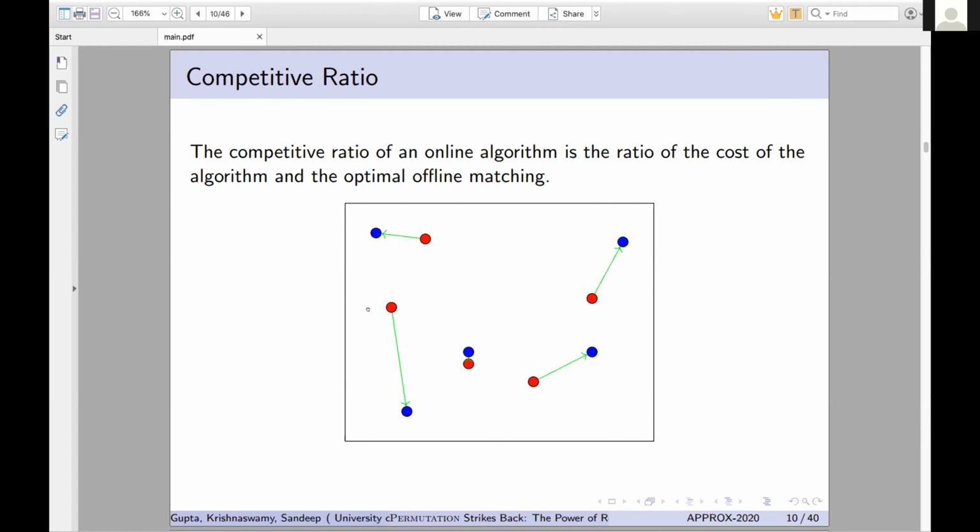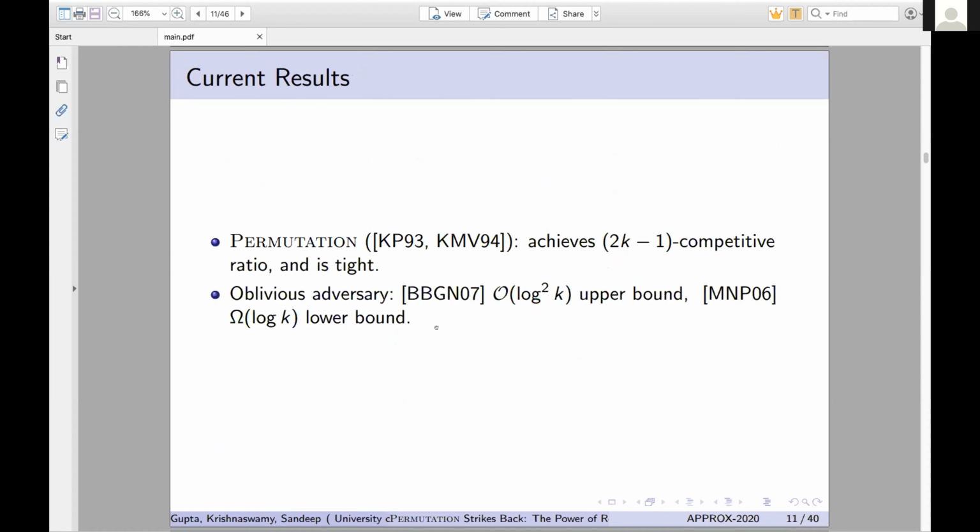So for example, in the example here, the green edges are the optimal offline cost. That is the optimal matching between all the clients and the servers once they have fully arrived, and our matching, which we do online. This has been studied on general metrics and also some specific metrics.